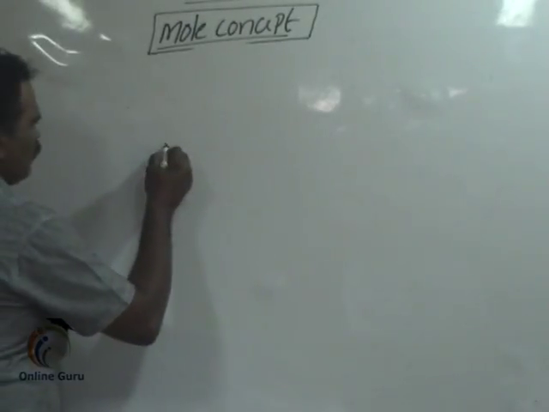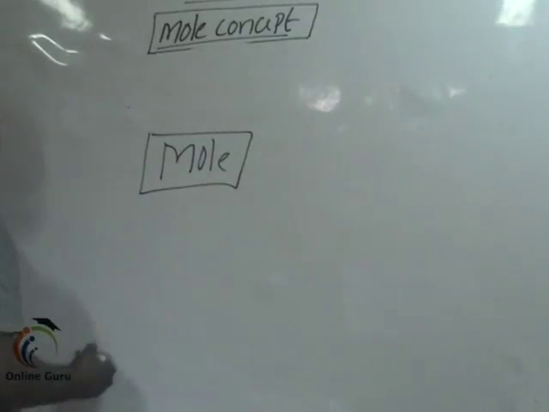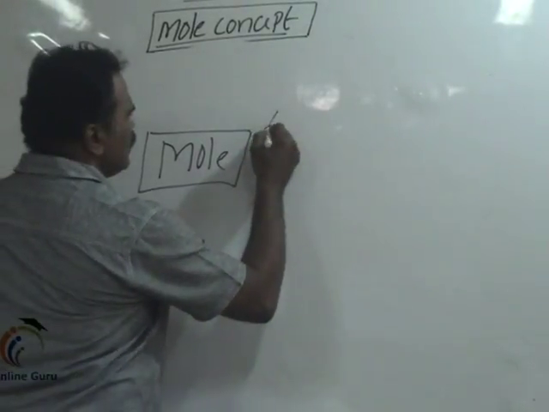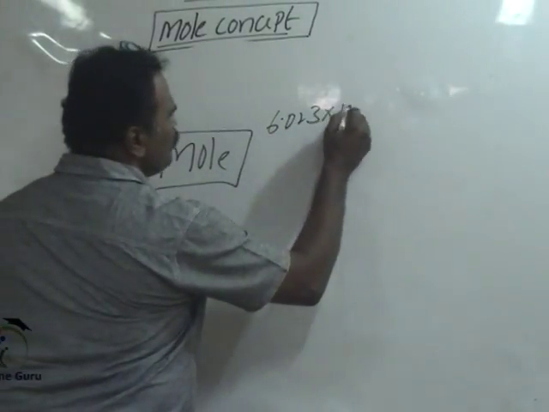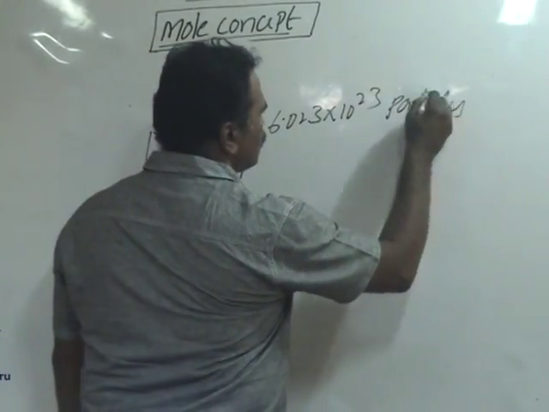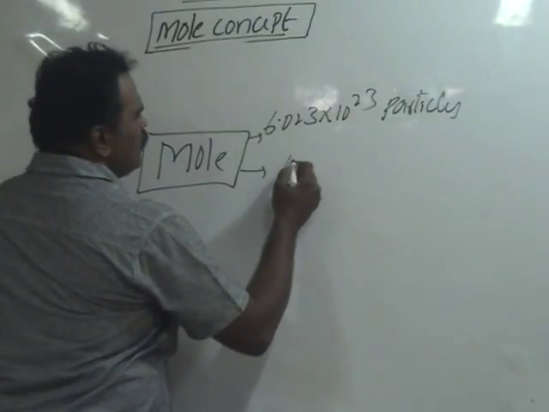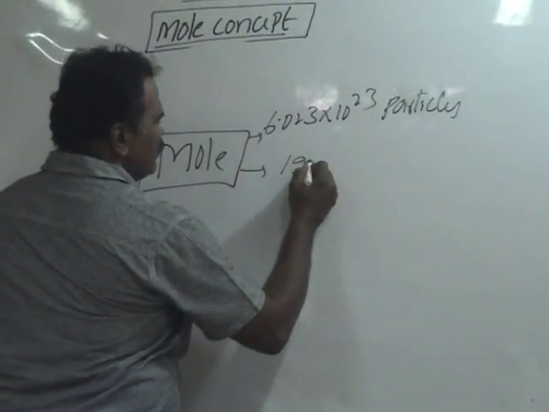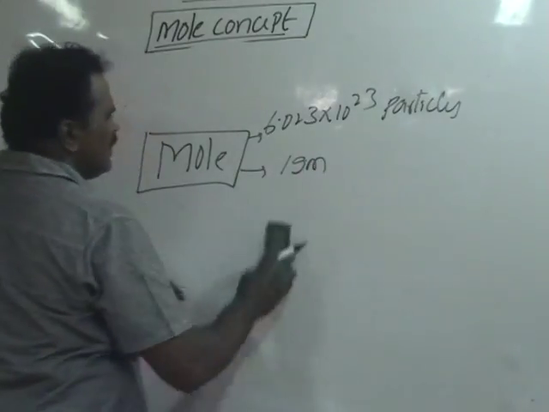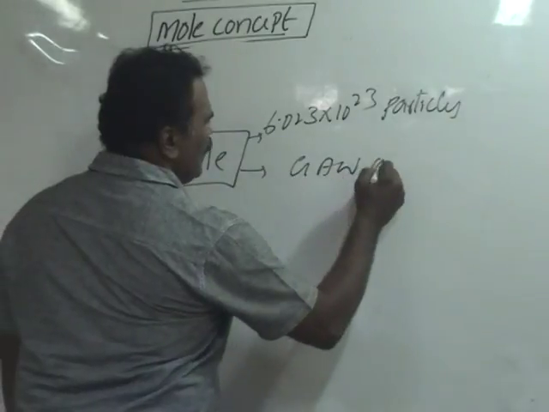Mole can be defined as follows. Mole is nothing but 6.023 into 10 power 23 particles. Or mole is nothing but 1 gram atom, or the gram atomic weight of an element.